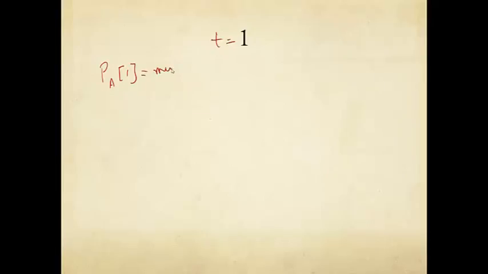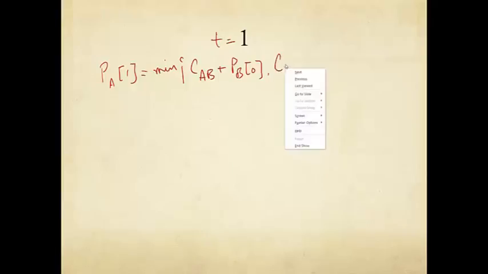By Bellman's equation, it is the min of the cost from A to B plus the cost from B to the common destination N, suppressed in the notation, from the previous iteration, using one fewer hop. That means using 0 hops. Or go through neighbor C, or go through neighbor D.